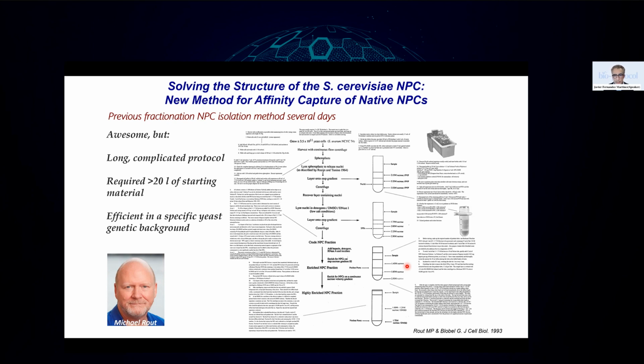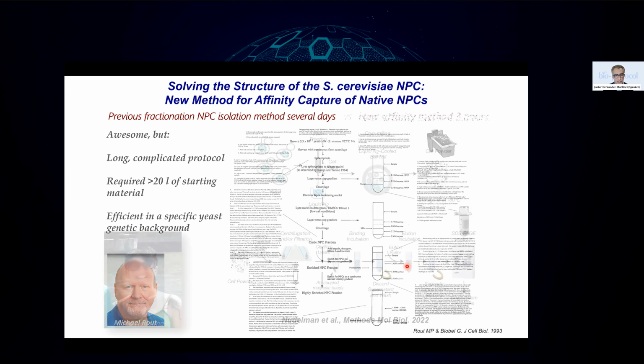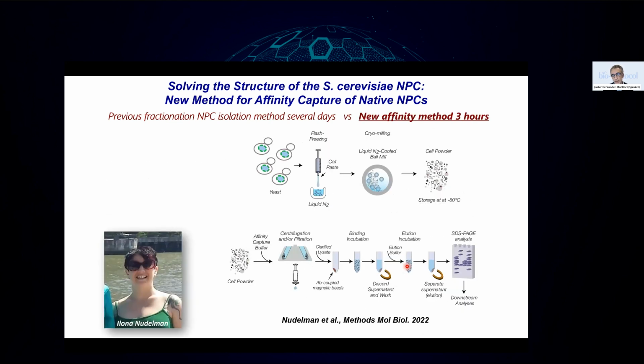So to try to develop a better method that would be more suitable for the experimental data gathering that we wanted to do, in collaboration with Ilona Nudelman, a very talented postdoc in Mike's lab, we developed a new affinity method that, in comparison with the previous method, allowed us to purify these NPCs really fast.